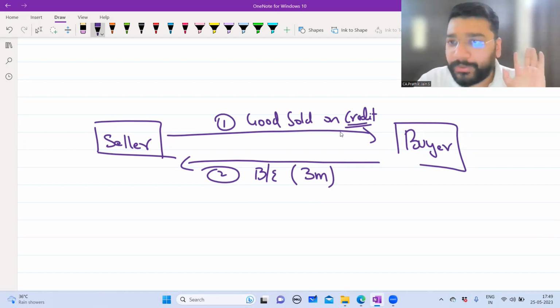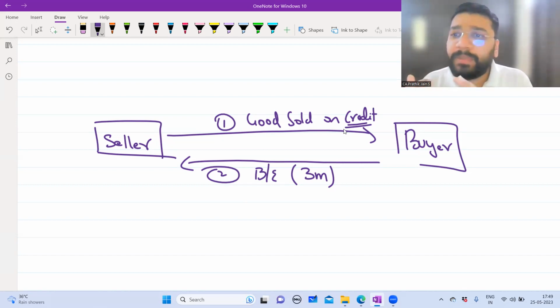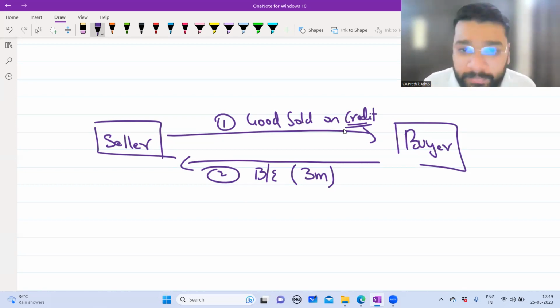Now, the seller has two options, either to agree or disagree. Any businessman, guys, normally would want to have a very good relationship with another business party. And in business, it is very common that some people at some point of time might run out of funds. So as a gesture, the seller may agree to extend the credit period.